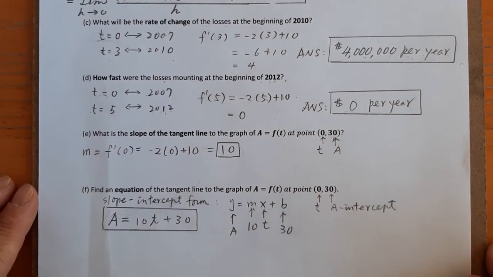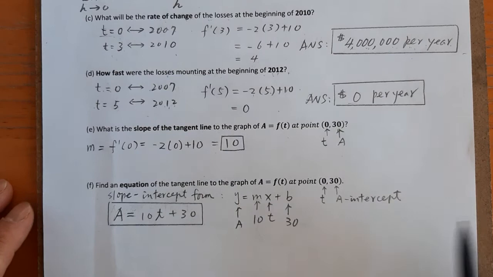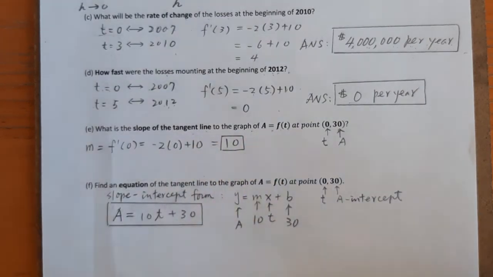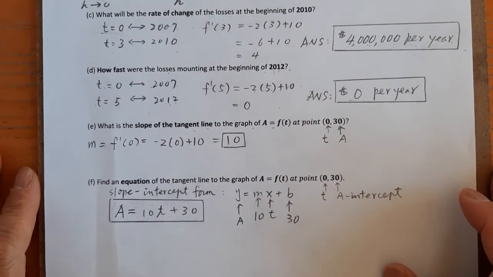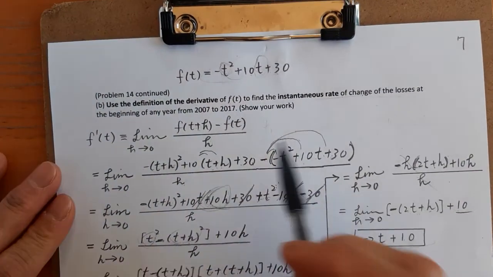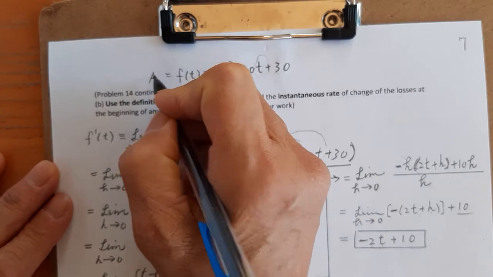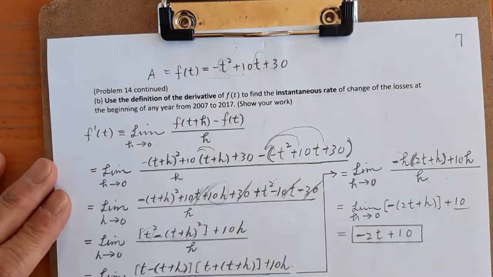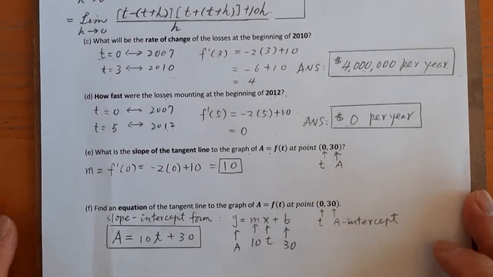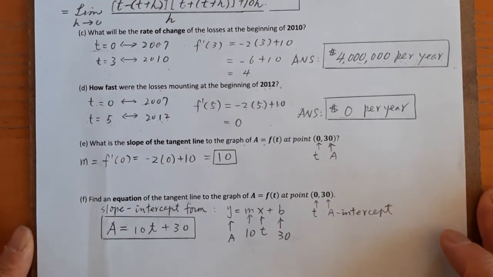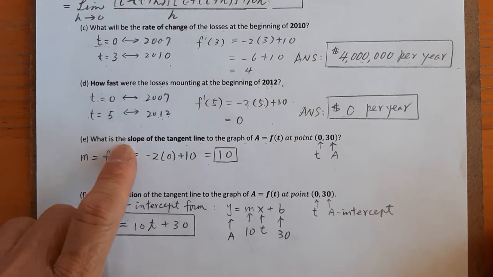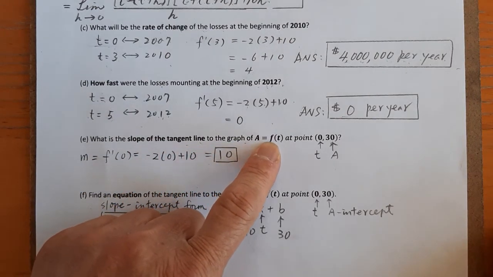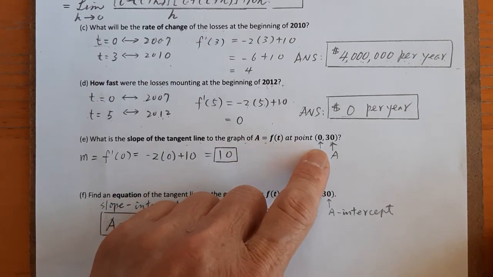Then next, E. What is the slope of the tangent line to the graph A equal f of t? A equal f of t equal -t squared plus 10t plus 30. The question asks: what is the slope of the tangent line to the graph at point 0, 30?